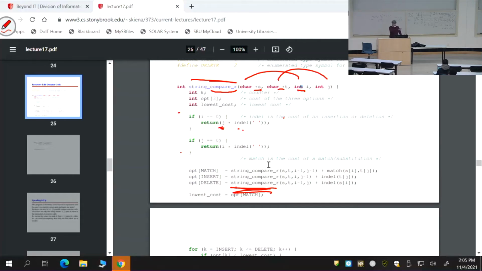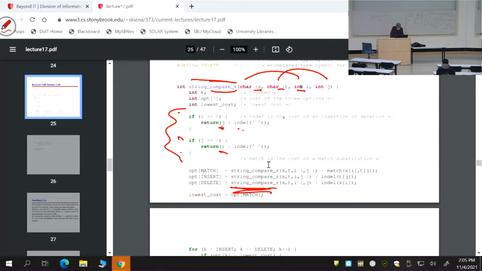If one of the strings was empty, we have to delete the whole other string. If the other string was empty, we got to delete the first string. Does everybody see that this logic is just implementing the basis cases of the recurrence? Okay?